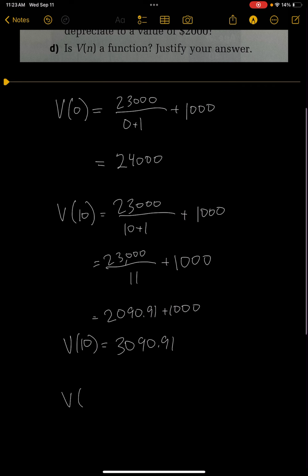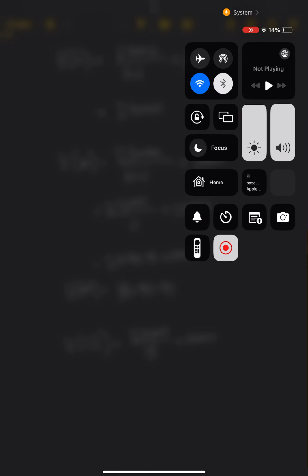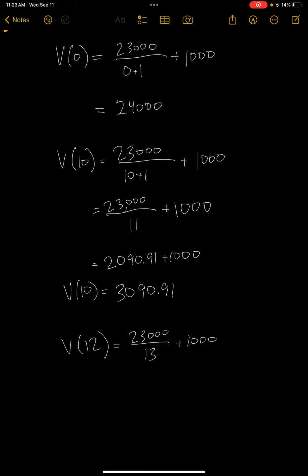We can do the same thing after 12 years. The value at 12 years is equal to 23,000 divided by 13, plus 1,000. I'm going to just use Siri, so my microphone will be muted, but I'm going to say 23,000 divided by 13.